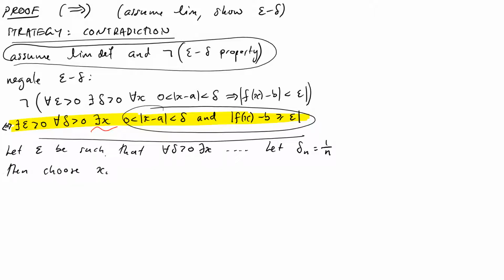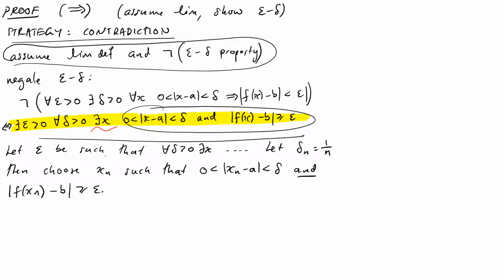And because we're actually going to do it for a number of different n values, we're going to choose an xn such that 0 is less than |xn − a| is less than delta, and |f(xn) − b| is greater than or equal to epsilon. I put the absolute value sign in the wrong place over here. It should be there. Nope, shouldn't be there either. It should be here.